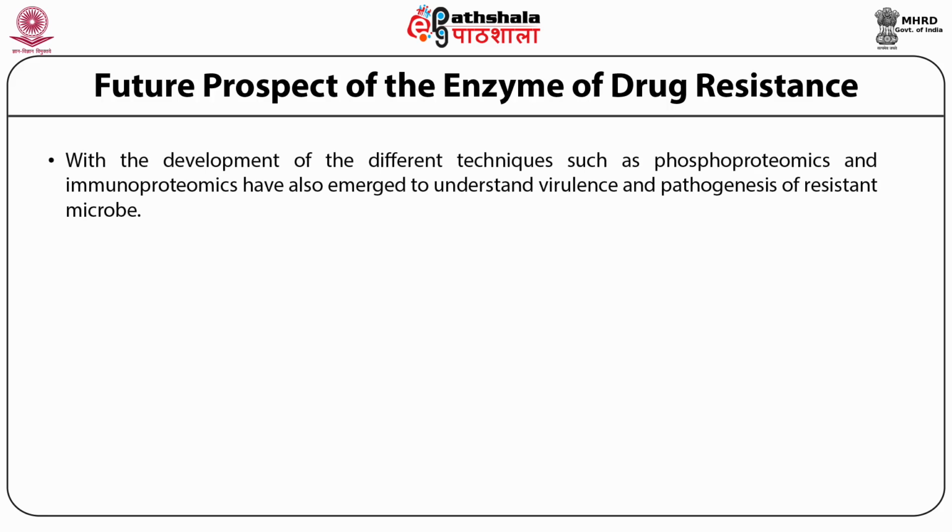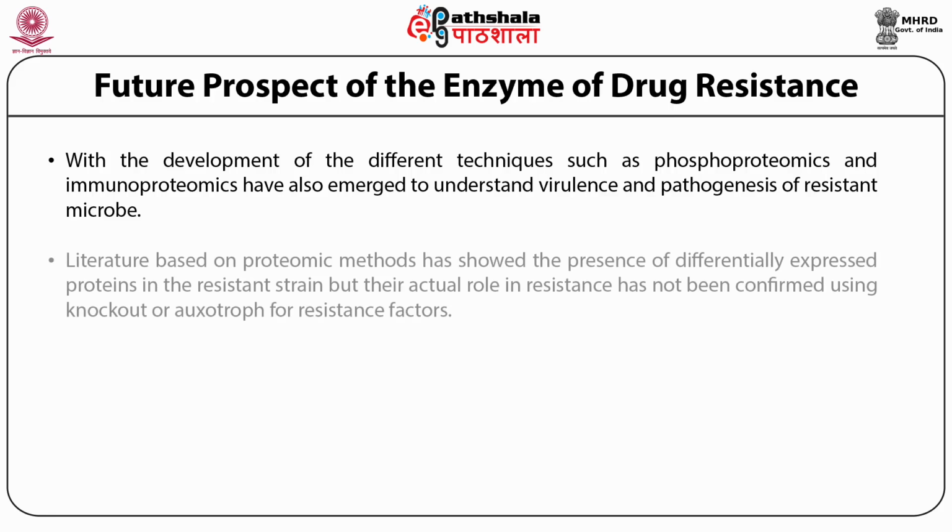With the development of different techniques such as phosphoproteomics and immunoproteomics, the study of drug resistance has significantly increased, and these methods have emerged to understand the virulence and pathogenesis of resistant microbes.